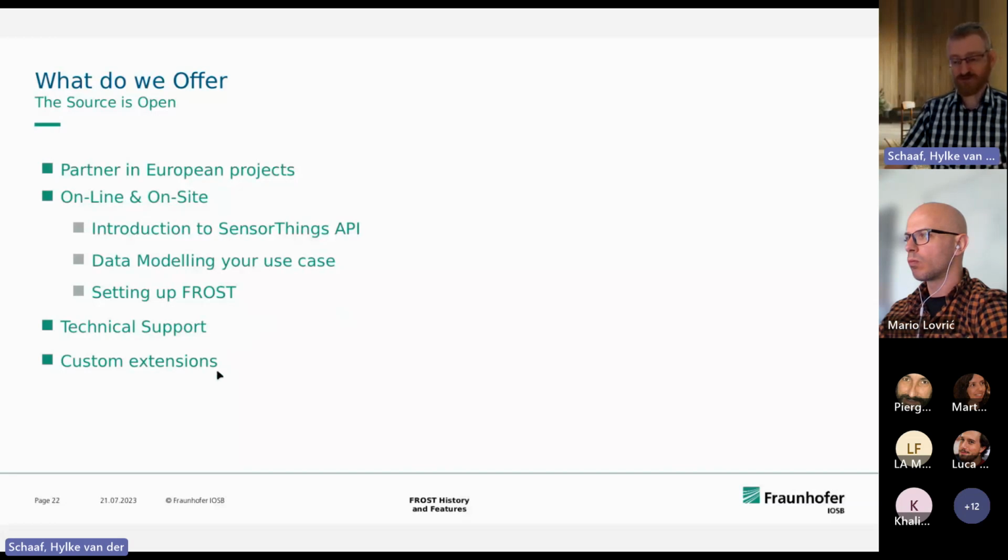And we can, of course, be contracted to build custom extensions, like BRGM that sponsored the CSP and GeoJSON extension, and several clients chipped in to do the fine-grained security bits.